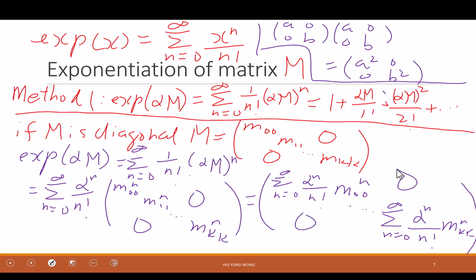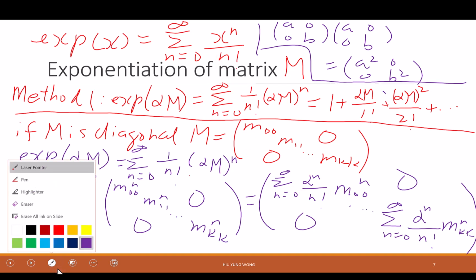Do you see this? I just multiplied. I need to add all these matrices. So I add m 0,0 to the power 0 plus m 0,0 to the power 1 with this prefactor. Now I just put all this here. But what is this? What is this? Just a Taylor series, exactly.